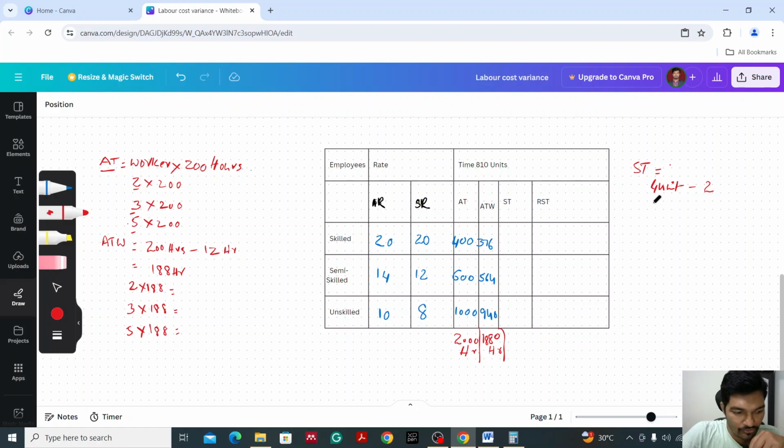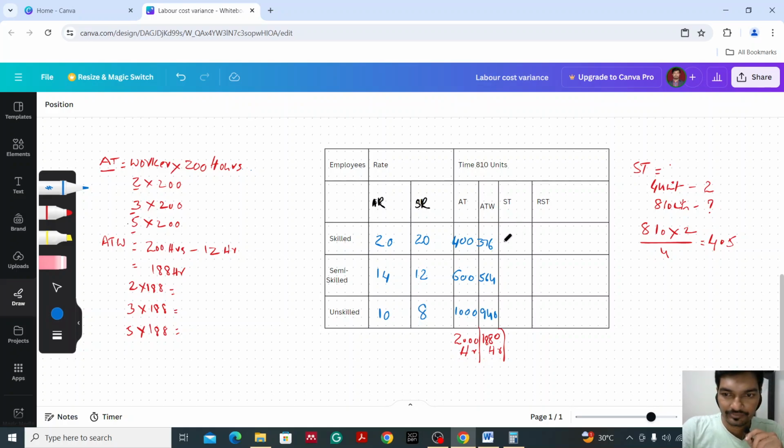So in order to produce 810 units, the actual units produced, how many labors are to be used? So 810 units into 2 divided by 4. So here we'll get 405. 405 hours is the answer.